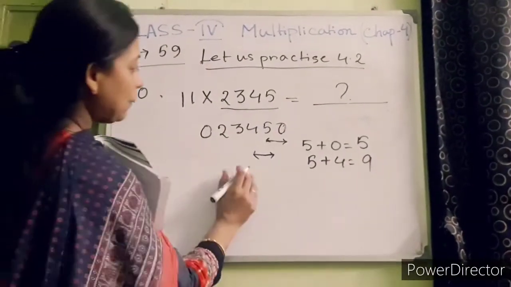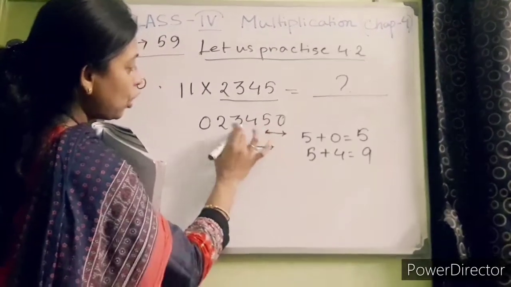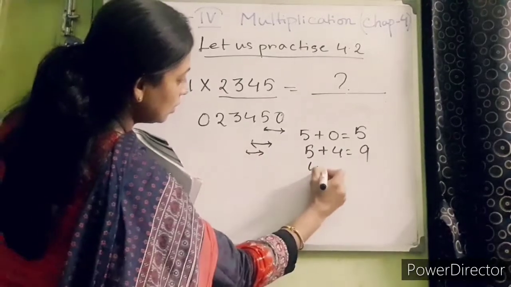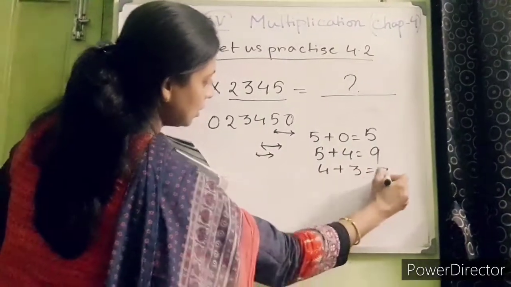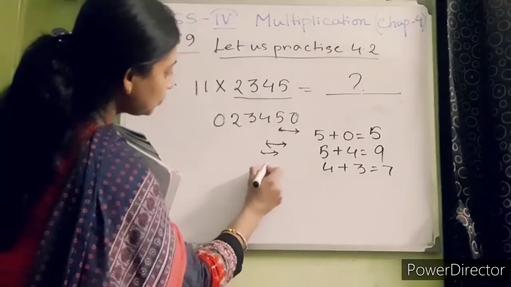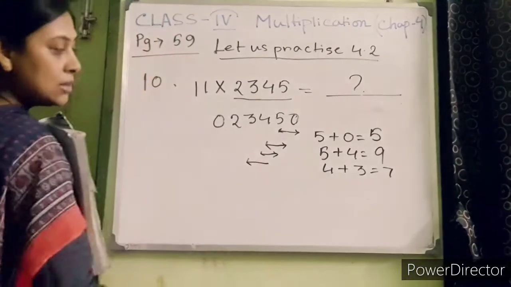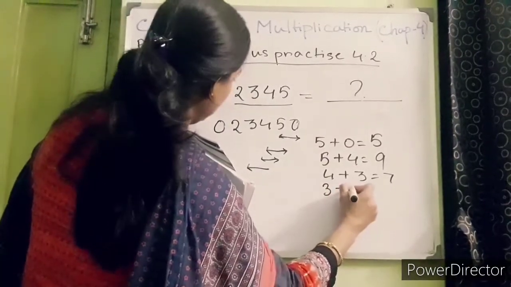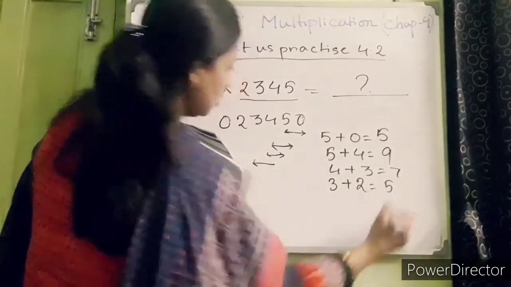After that you have to add 4 plus 3, that is 7. After that 3 plus 2, that is 5.